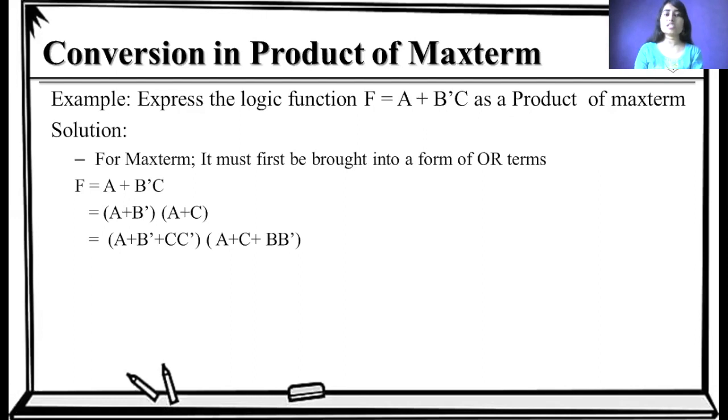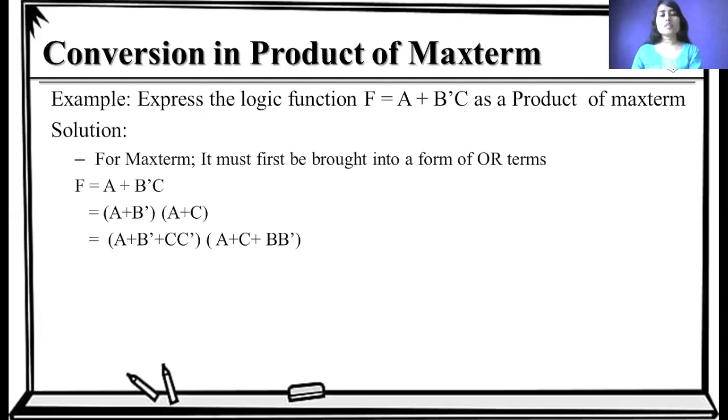If C is equal to 0, C' is equal to 1, and 0 into 1 gives 0, or 1 into 0 gives 0. So the product of C and C' always results in 0. So we can add this to the function A + B' without altering our original function. So we can write this as A + B' + C·C'.